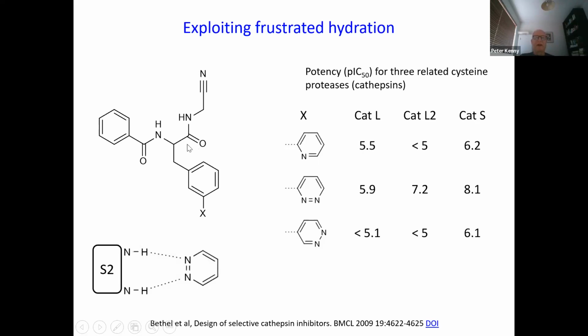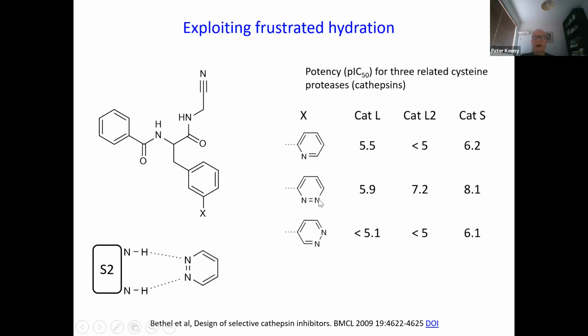Here we've got these cathepsin inhibitors, and I want you to look at X being different heterocycles. You can see here when X is just pyridine, none of them are particularly potent.